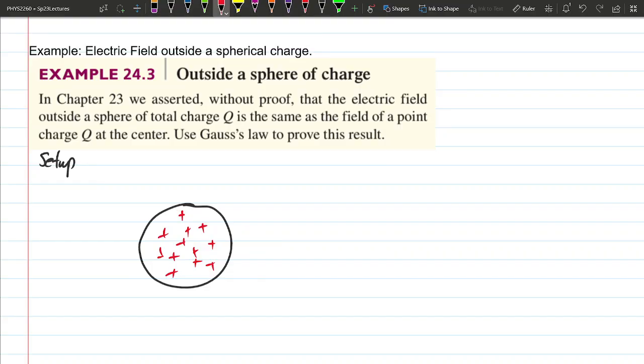So this is uniformly charged. There's no special place on the charge. This will be important for the next part, not this part.